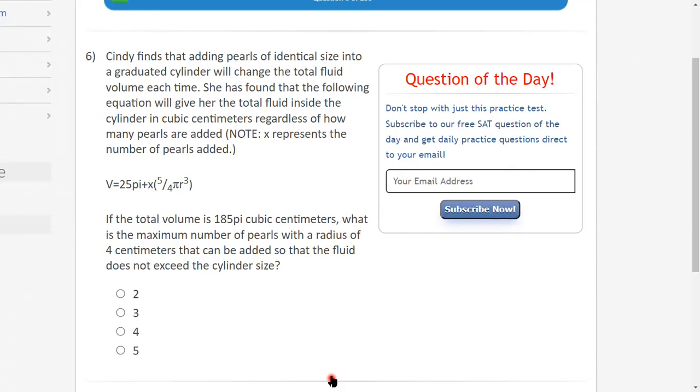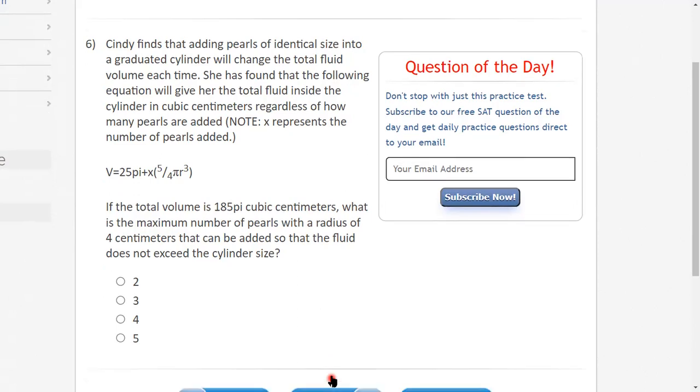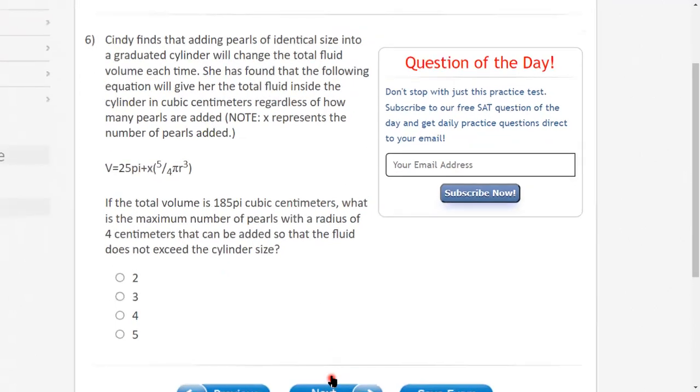The four choices are given, and if you make the calculation, you can reach the answer.